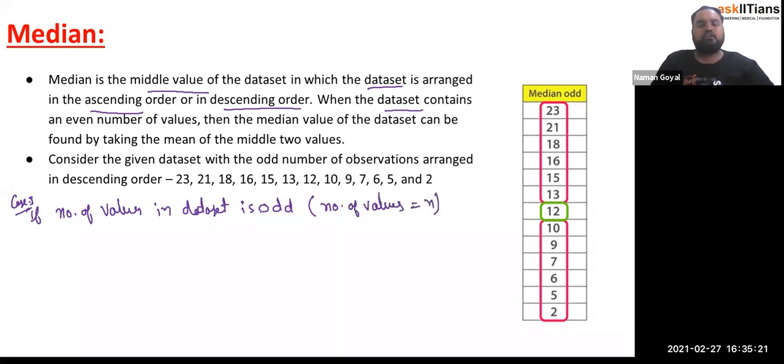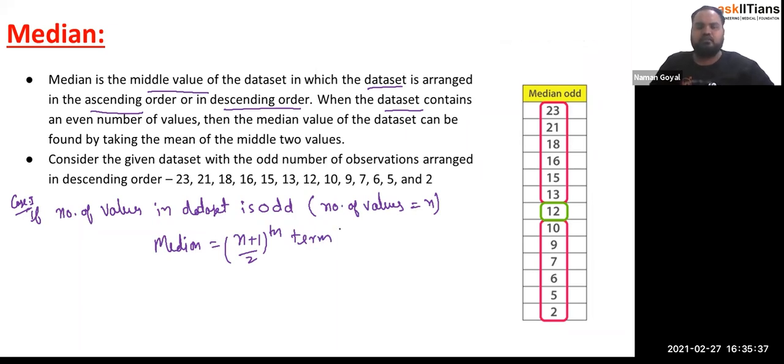So if the number of values in the data set is n, the median is the (n plus 1) by 2th term. This is the median of that particular data. Are you getting my point?